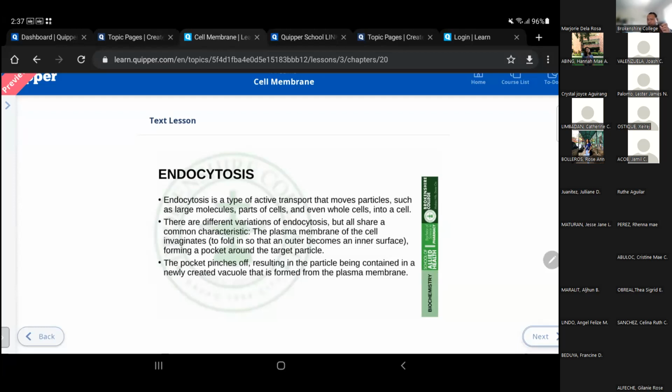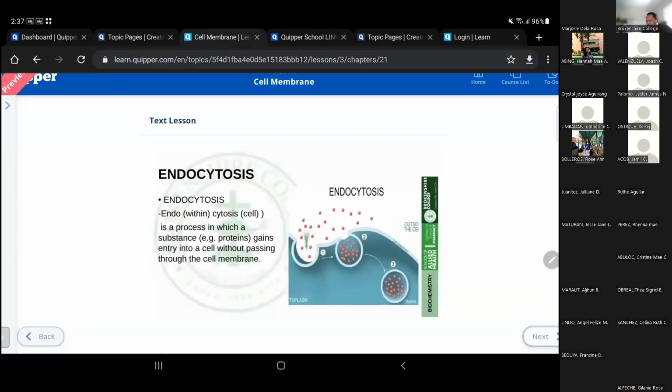So, parang kumbaga, a portion or component of the plasma membrane becomes the covering of that molecule that moves towards inside the cell, and then after that it will be pinched off, no? It will pinch off. So gaya nito.